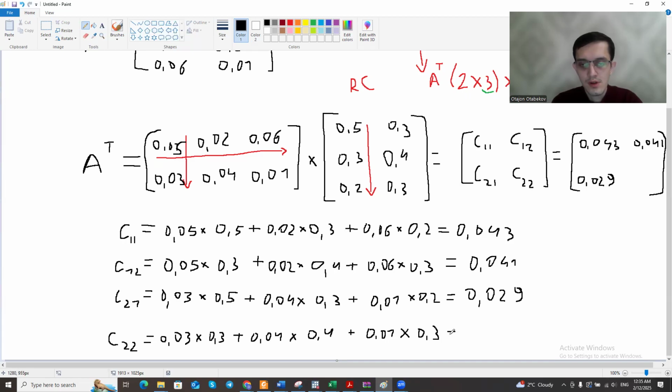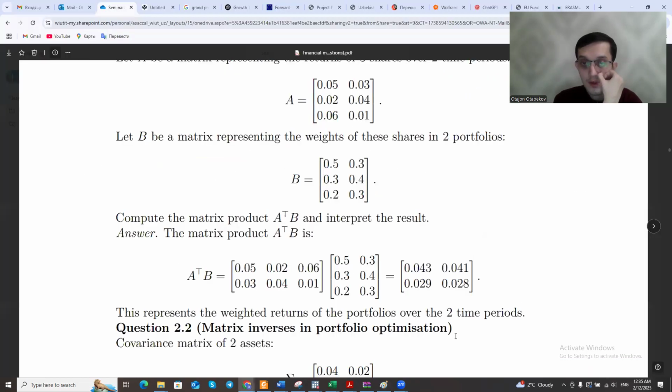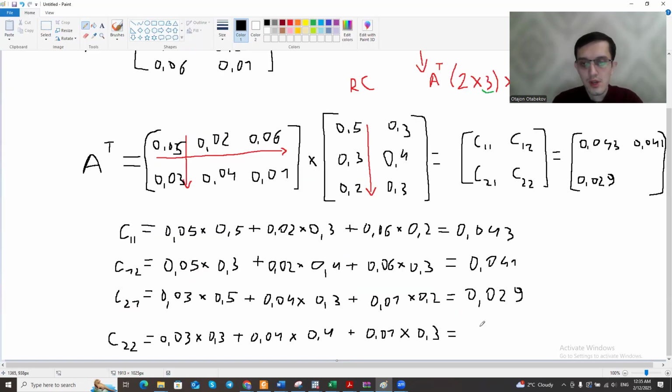And this should be equal to 0.028 according to the answer sheet. But you can double check using your calculators or mental arithmetic skills. Okay, and I will locate the 0.028 to the C2 and 2 position.